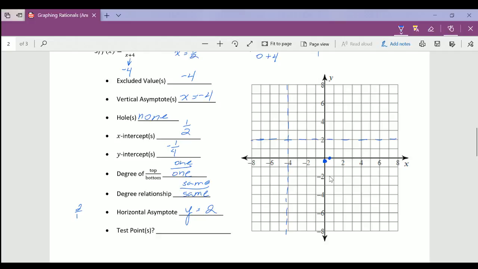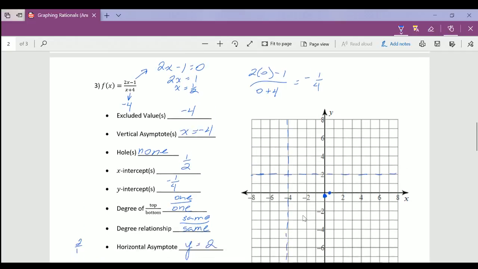If you want to really get a good vibe on what's going on, we probably do want to involve a test point, something that's on the left-hand side of our vertical asymptote, just to make sure we're doing it right. So let's see. I'm thinking -6.